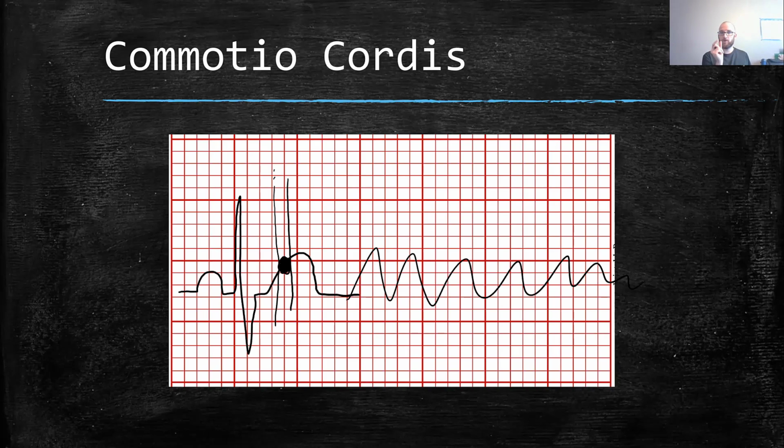And it's purely just bad timing. It was enough force at just the wrong point of time, just on that early repolarization, just on the upslope of the T wave.